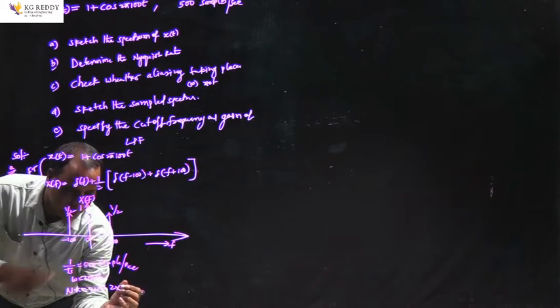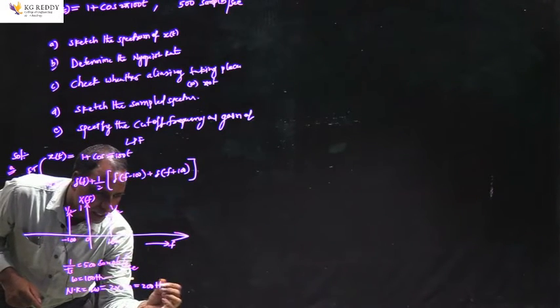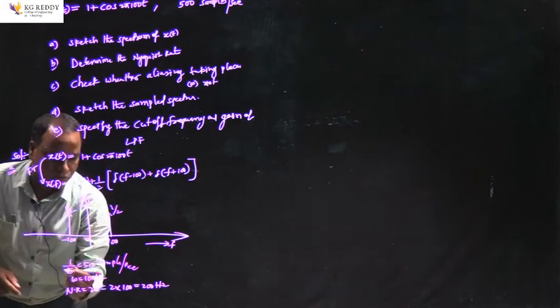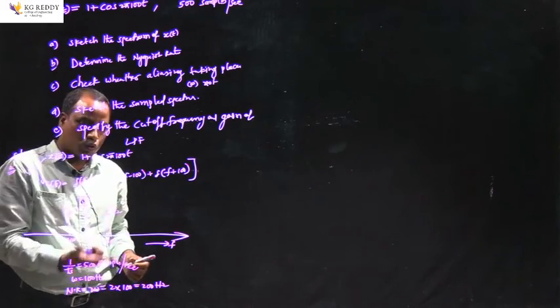So 2 omega, with omega 100, becomes 200 hertz, that is 200 samples per second. So 1 by Ts is 500 samples per second, and the Nyquist rate is 200 samples per second.